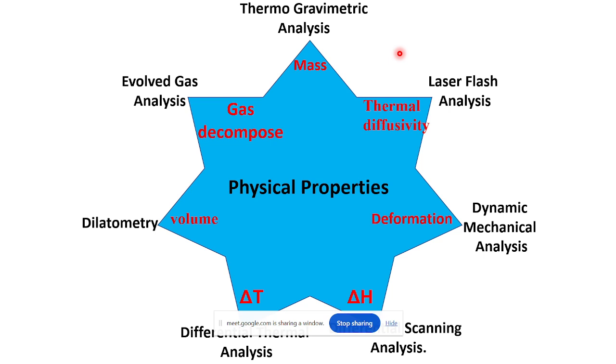Understand? For example, if an additive is vaporizing at 150 degree centigrade at 5 degree centigrade per minute, and I do the same experiment on the same material at 10 degree centigrade per minute, instead of 150 you may get 160. That will be the difference. So it will be right shifted.